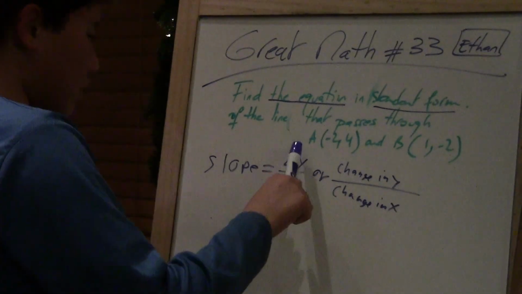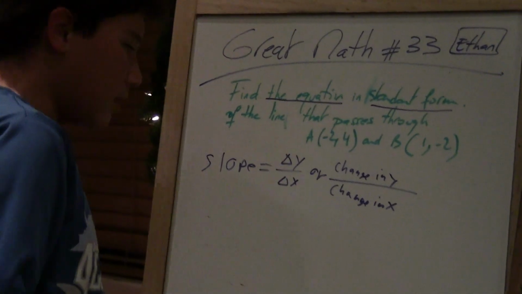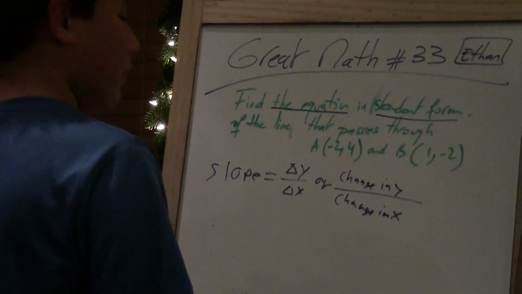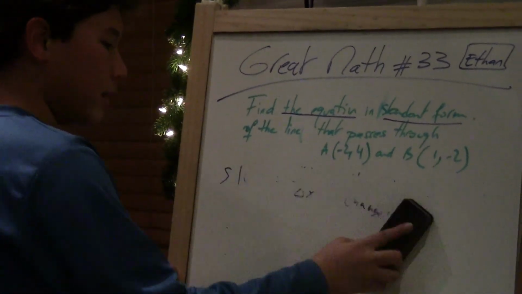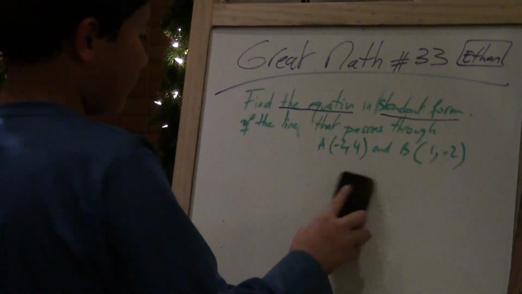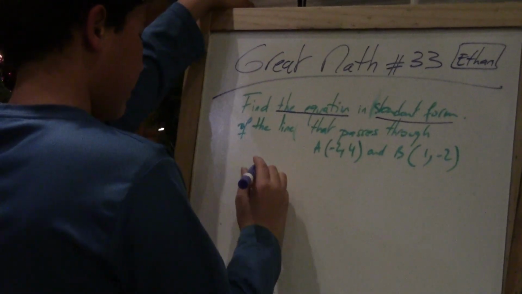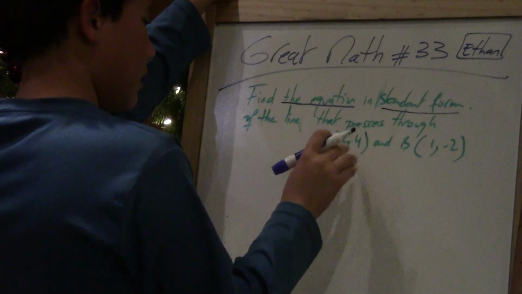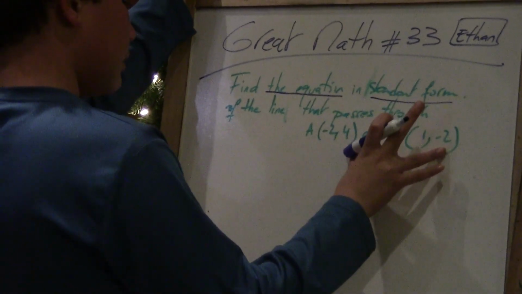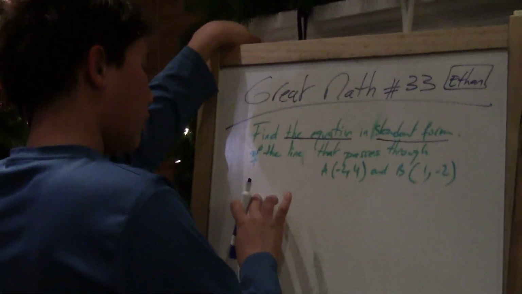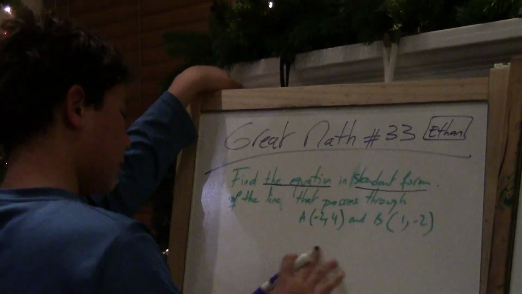But I'm just going to use it as this instead of this. So anyway, moving on. First step is basically this, since we talk about change and slope, which is these two.